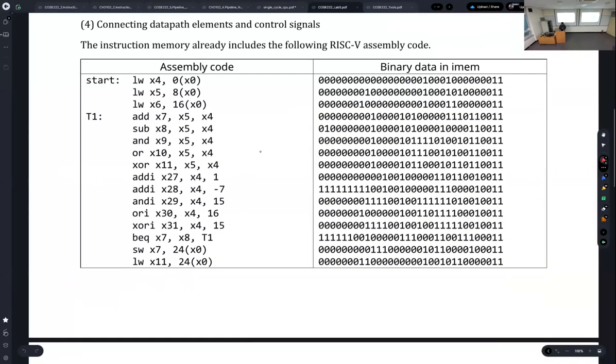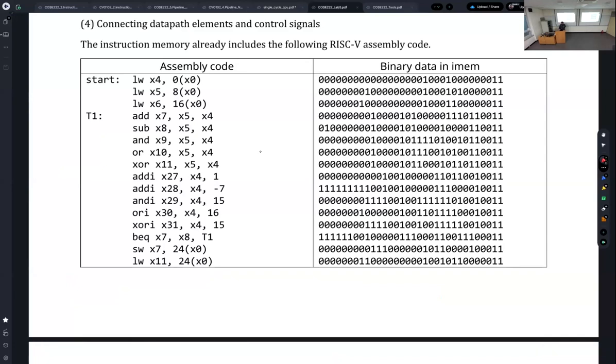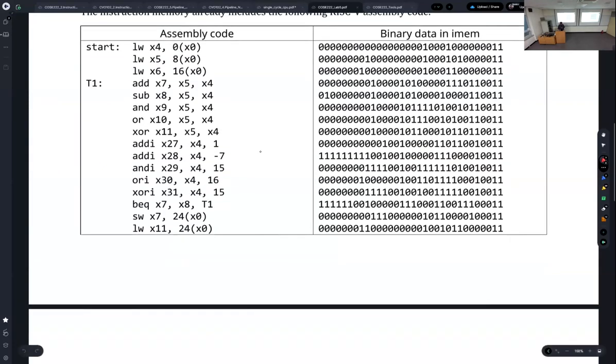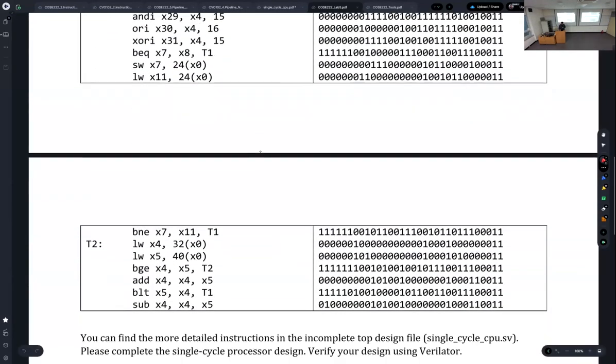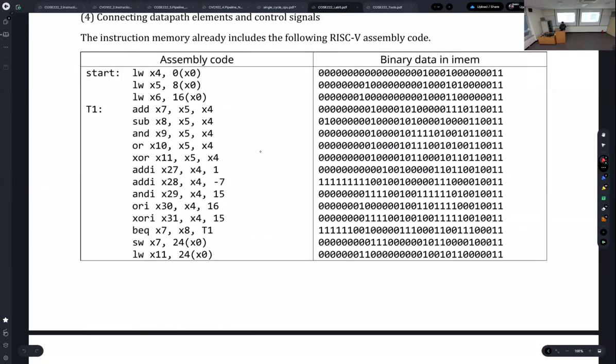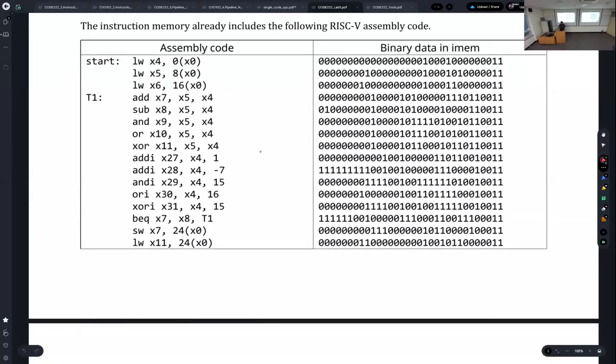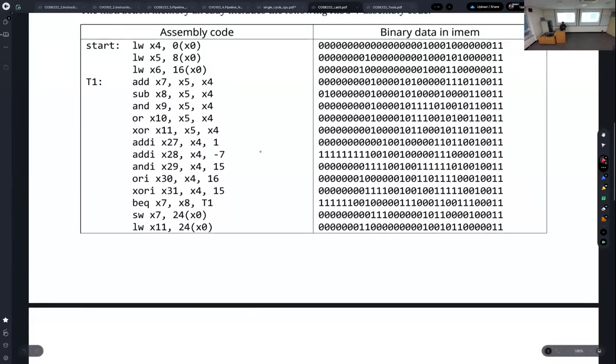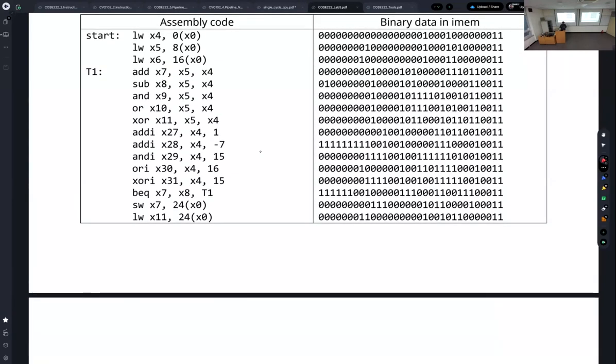This is the test code. If you see the contents of the compression file, you can find the contents of the instruction memory. The instruction memory includes these assembly codes.